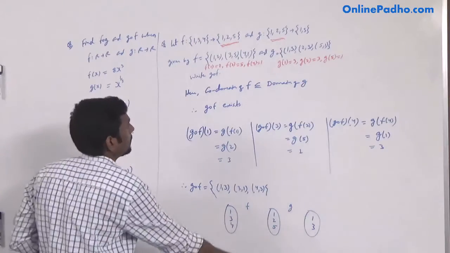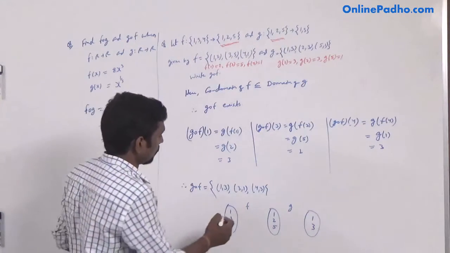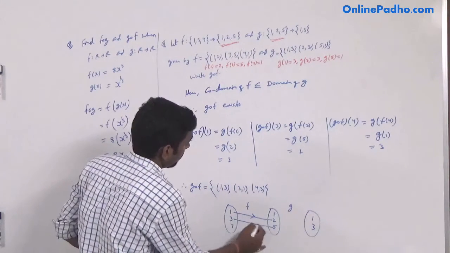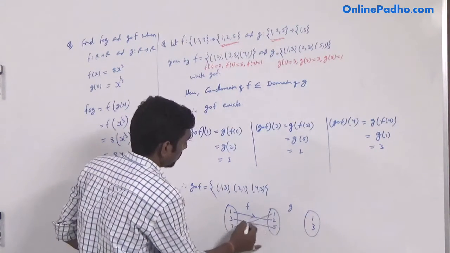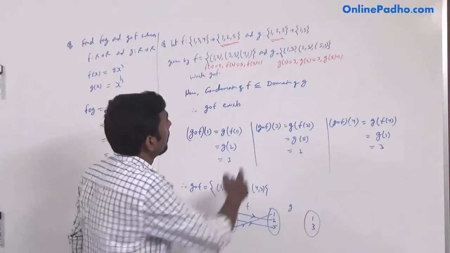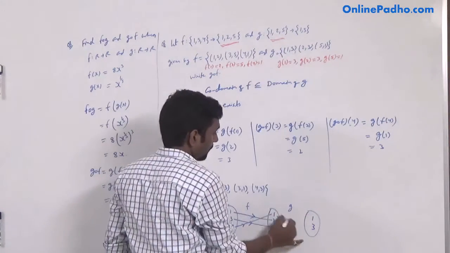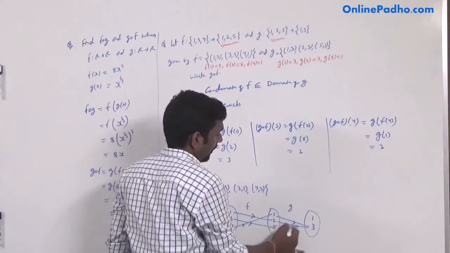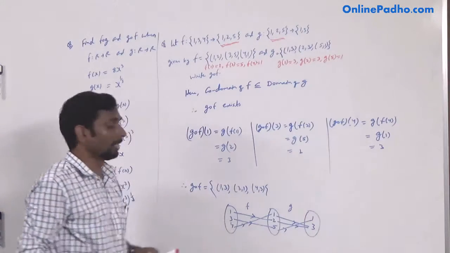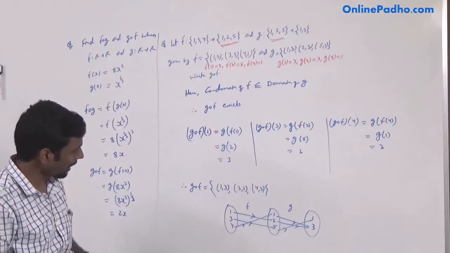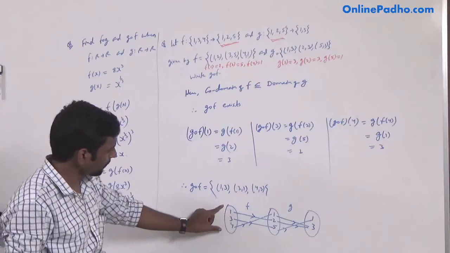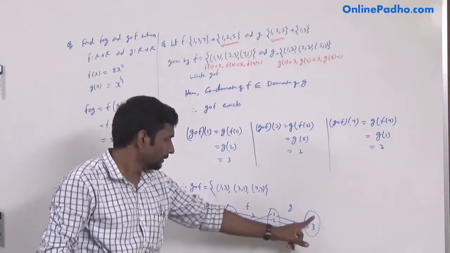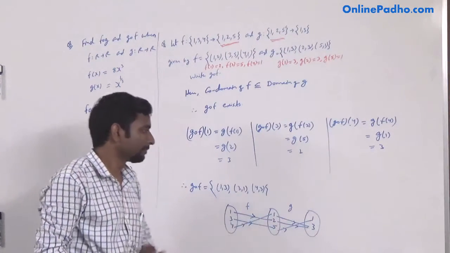Then 1 goes to 2, 3 goes to 5, 4 goes to 1, and in the second set 1 goes to 3, 2 goes to 3, and 5 goes to 1. The final answer will be {(1, 3), (3, 1), (4, 3)}.